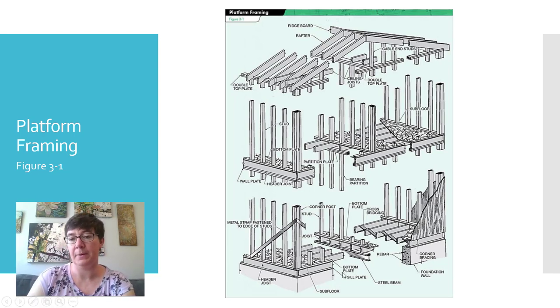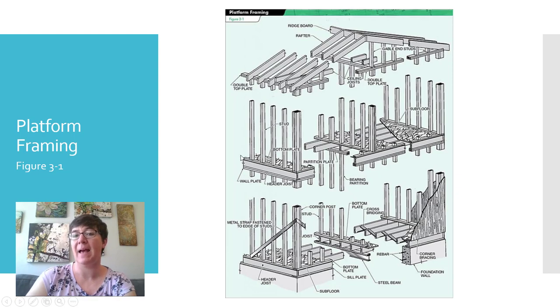Let's start down here. This is the foundation. The building is kind of cut away here so you can see different pieces. The foundation is here, and then resting on the foundation is the floor system. Resting on the floor system is the wall. Here's a wall system. And then resting on those lower walls is the next floor platform.